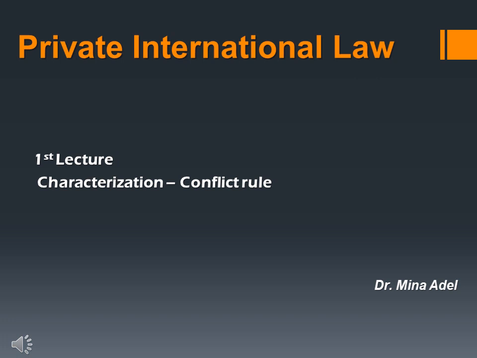So when we say it will exclude the conflict rule, it means that we will exclude the whole mechanism, the conflict of laws mechanism. Okay, so this part is very important, because when we talk about conflict rule exclusion, we talk about a tool which will exclude the whole thing. So we will destroy all what we have learned until now.